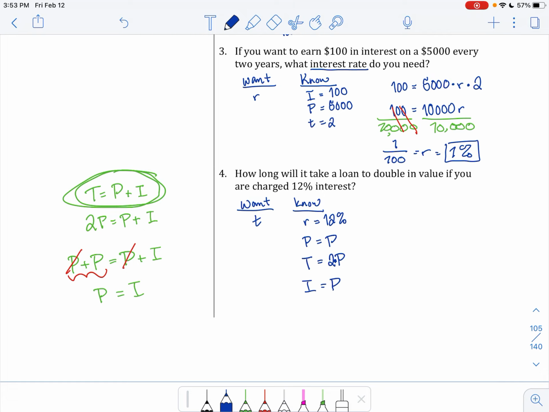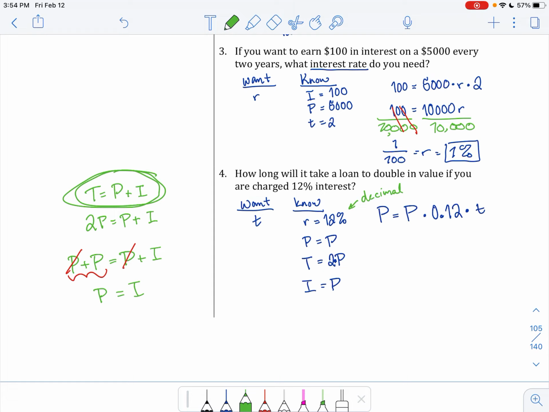So if I'm using I equals PRT, the interest is equal to the principal, times R, which is 0.12. Remember, you want to turn this into a decimal. And T is our unknown.